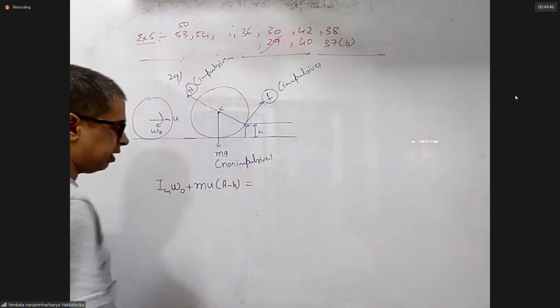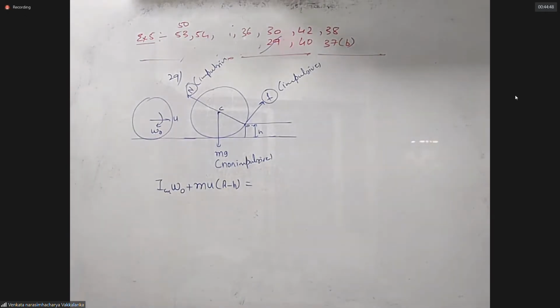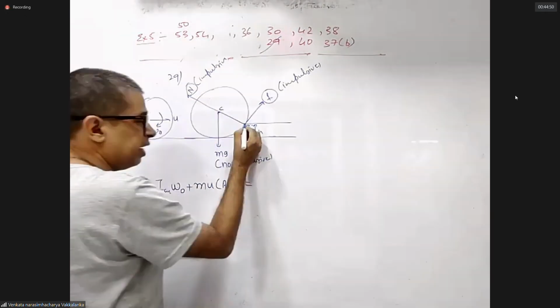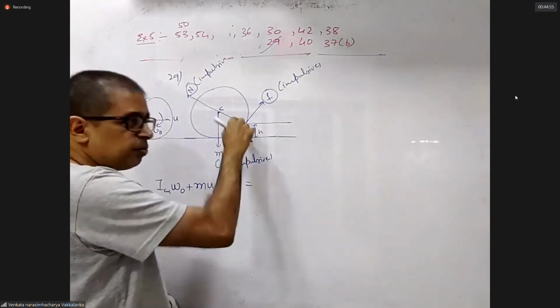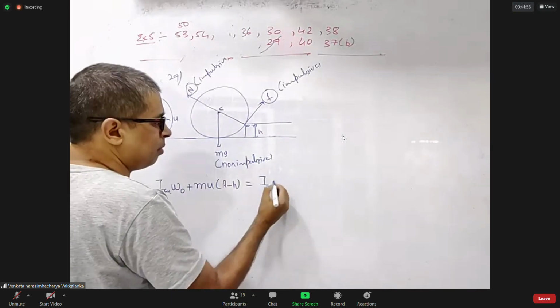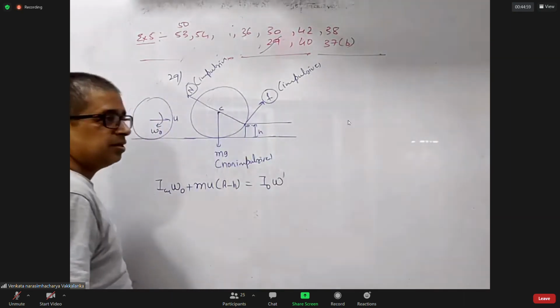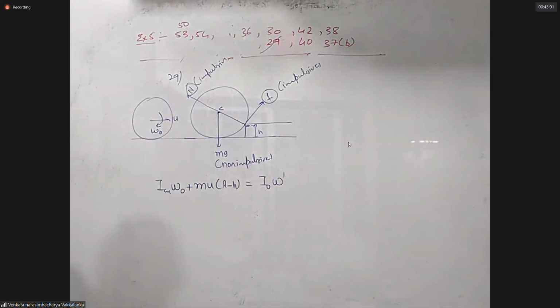This is the initial angular momentum. Final angular momentum of the body about this point: it is not losing contact with this point, so it is pure rotation about that point, I about the point into omega dash. Find out the new omega dash just after impact.